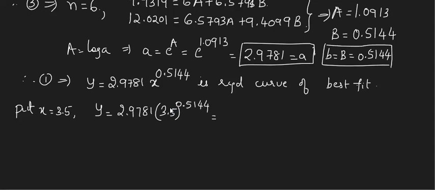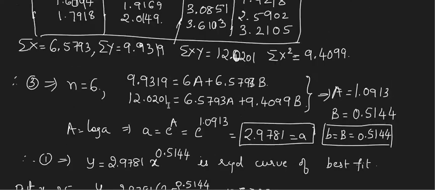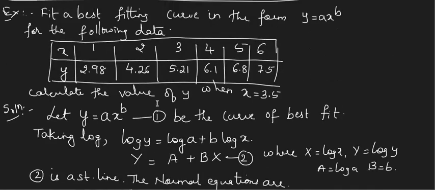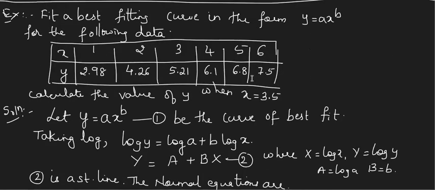How much? 5.729? 5.6729, ma'am. Okay. Let us confirm whether it is correct or not. Just see the values are increasing. As the values of x are increasing, y also has increased.